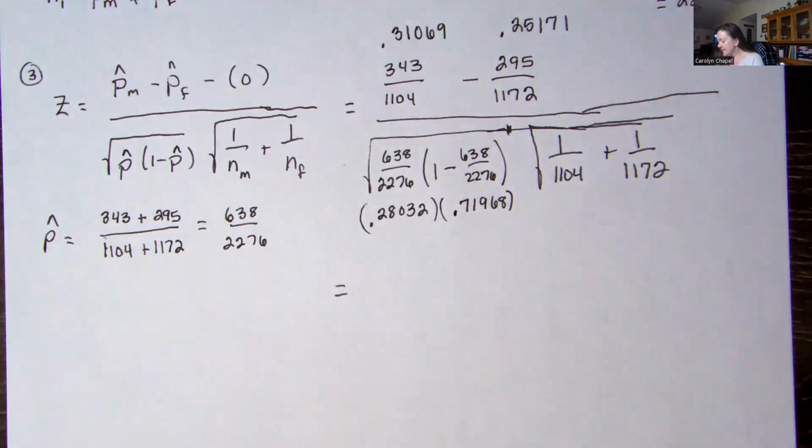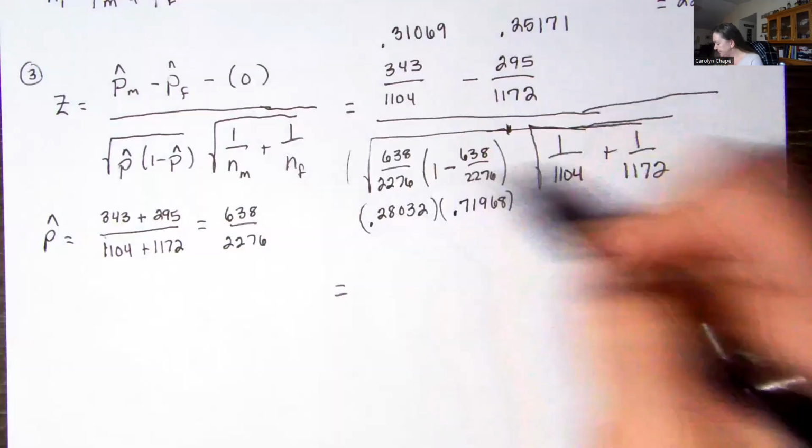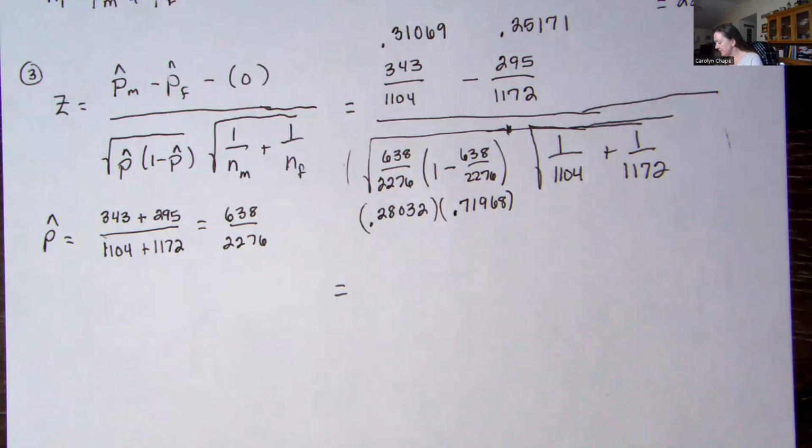I'm going to divide by, and I'm going to put a big parenthesis at the beginning so that I get all of this down. So now in here, I'm going to have that square root of these two things being multiplied together, 0.2803 times 0.71968, close that, and then my square root.